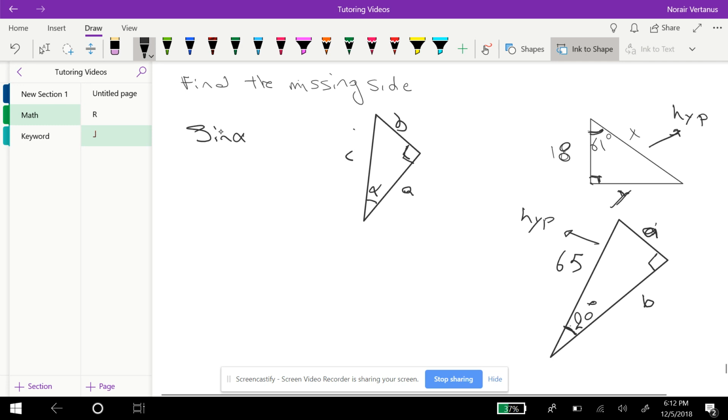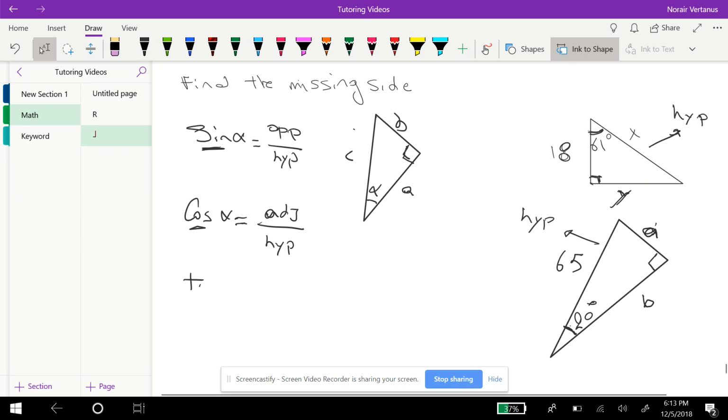Sine of alpha is equal to opposite over hypotenuse. Cosine of alpha is equal to adjacent over hypotenuse. So these are things that you need to remember. Sine is opposite over hypotenuse. Cosine is adjacent over hypotenuse.